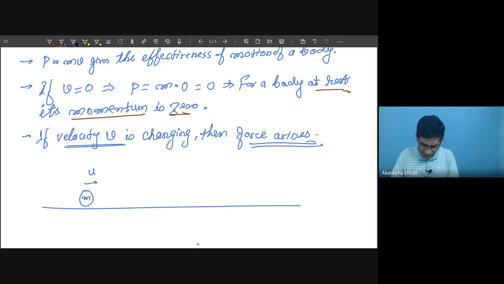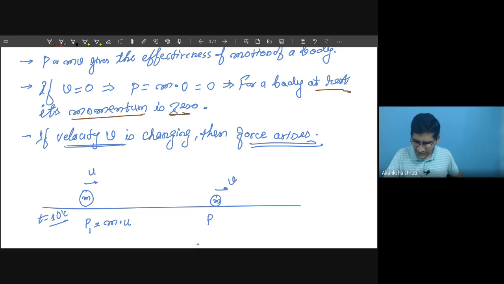At this time, you may say it was 1 o'clock when you observed it. If anyone asks what is the momentum of this body at this time, you may call it P1 or initial momentum Pi. It is m into u. By some force or by applying the accelerator, the same mass is now moving with some other speed v.